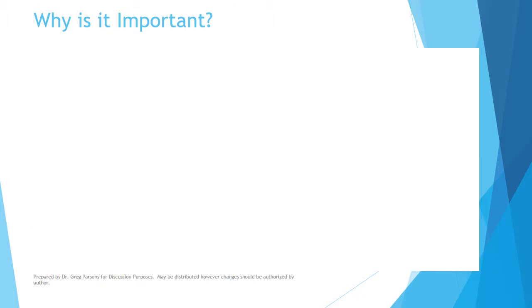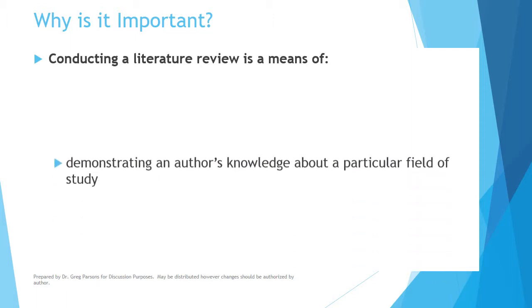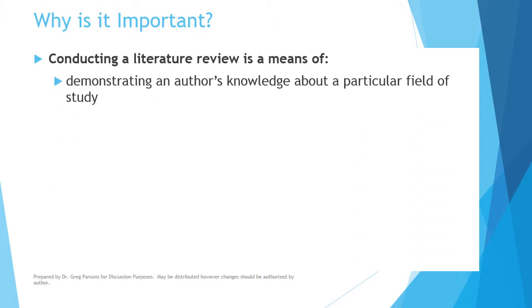So now we want to say, well, why is this so important? Why is the literature review considered such a critical element of the overall research process, especially dissertations? The literature review is a means to demonstrate that whoever is writing it knows a lot about a particular field.